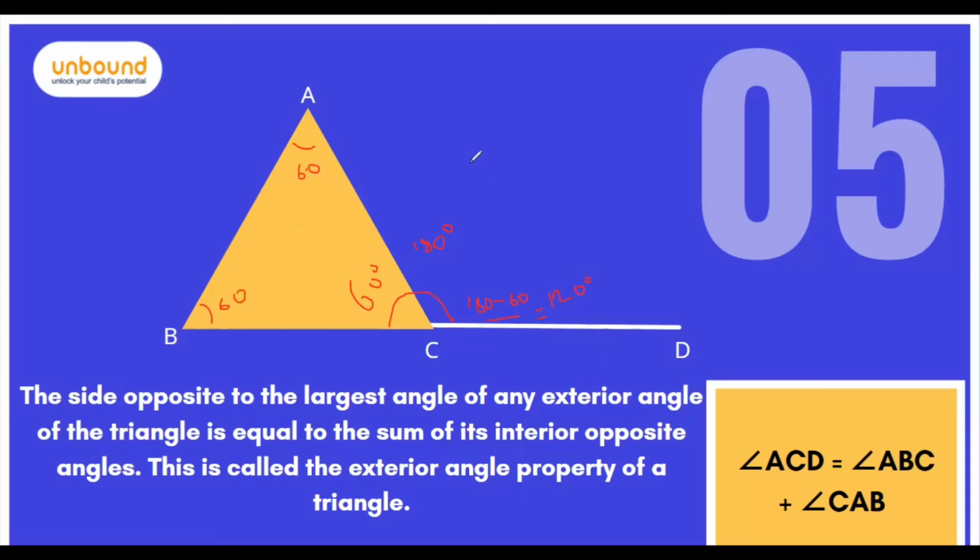So here you can see 120 will be equal to 60 plus 60. So it's like that. The exterior angle will be equal to the sum of the interior opposite angles. This is also called the exterior angle property of the triangle.